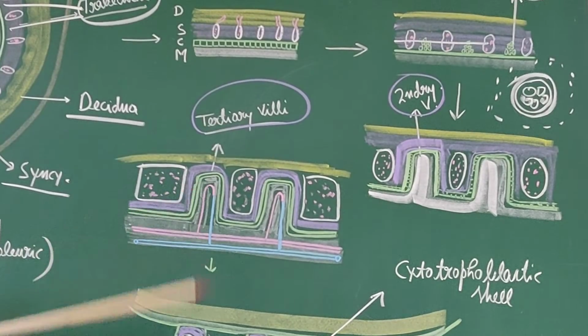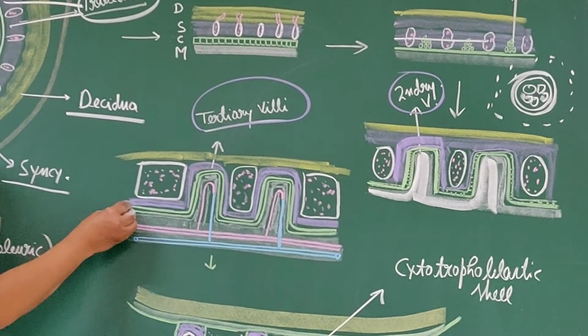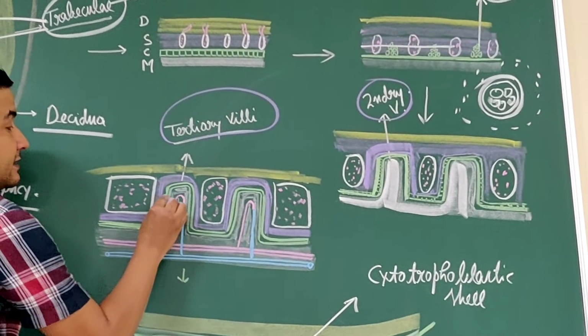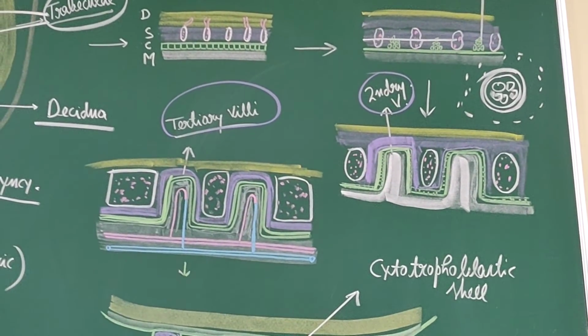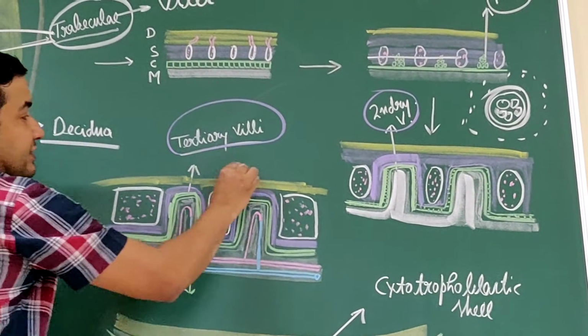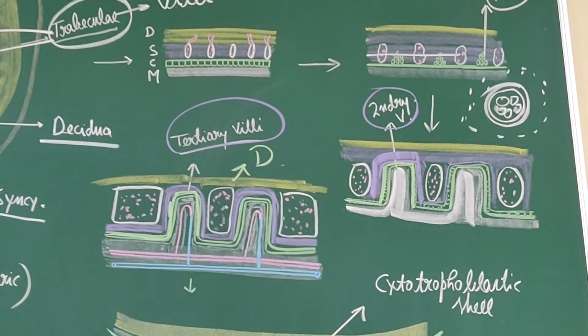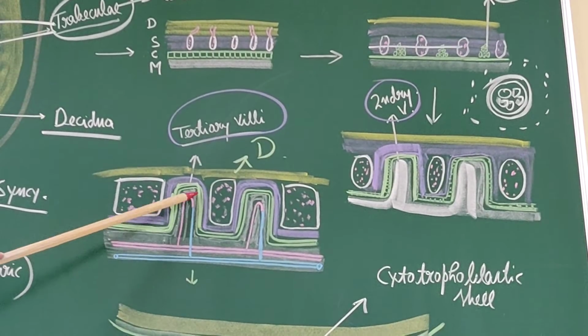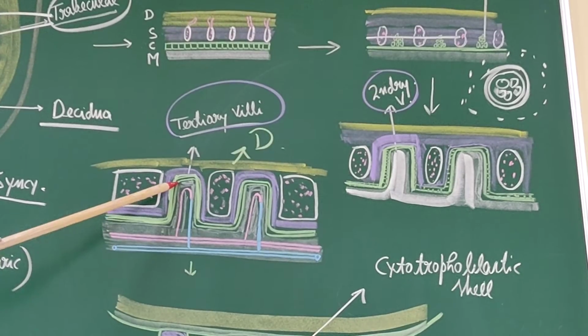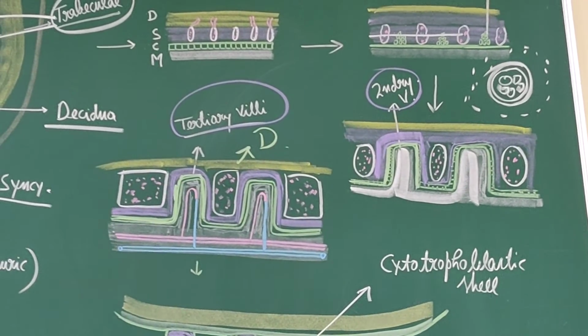Now we will see that the cytotrophoblast does not reach the layer of this decidua. This is the decidua. It is not in contact with this decidua. Which layer? It is the cytotrophoblast.